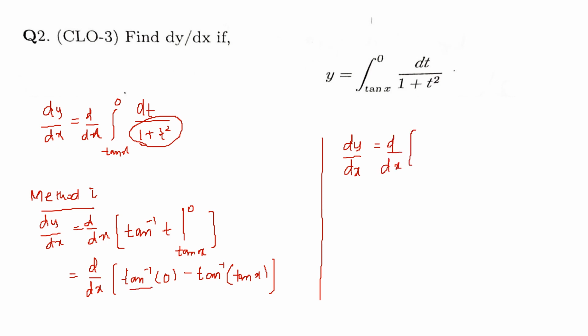Tangent inverse of 0 is 0, since tangent theta gives 0 at theta equals to 0. So this is 0 minus, this is tangent inverse and this is tangent x. Both are inverse of each other. So this term cancels out with this term and we are left with x only. That is d by dx of minus x, and the derivative of minus x is minus 1. So we get dy over dx equals to minus 1.